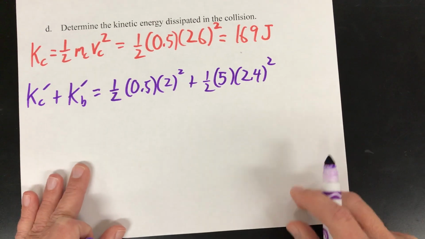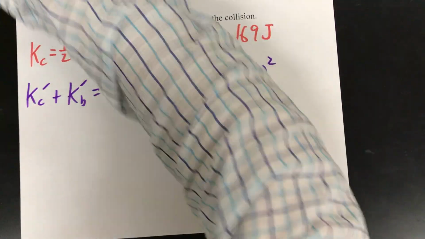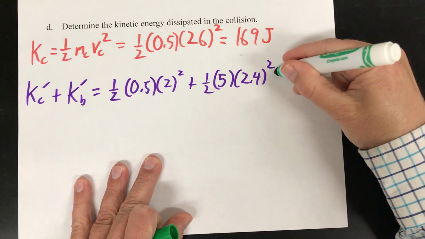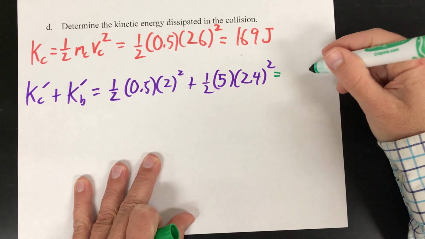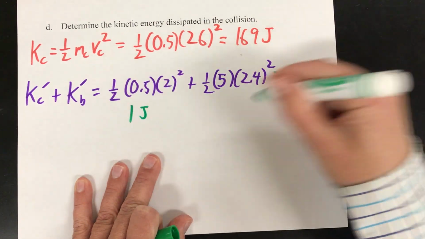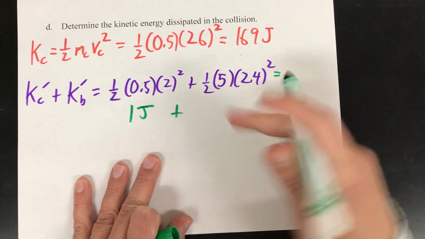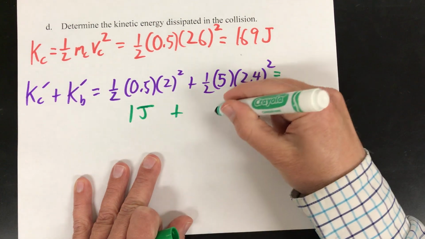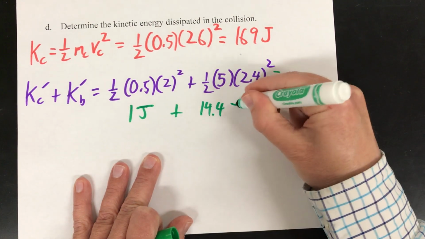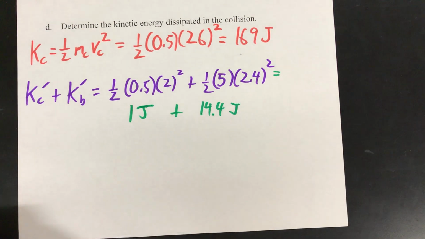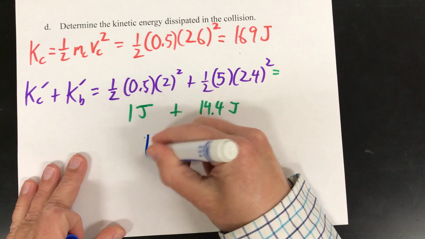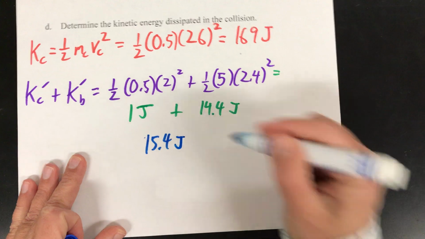That's 2.4 squared. So do all of that algebra there, punch it into your calculator. For the cube, you will get 1 joule. That's a joule, not a 5 there. So 1 joule plus, for the ball, you will get 14.4 joules, which means that we have a total here of 15.4 joules afterwards.